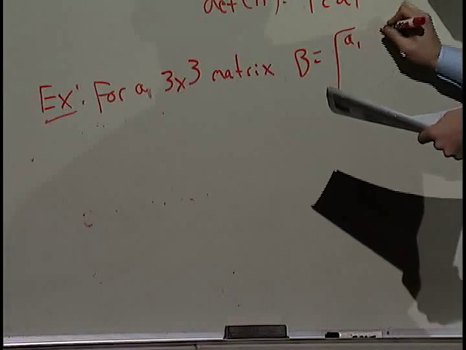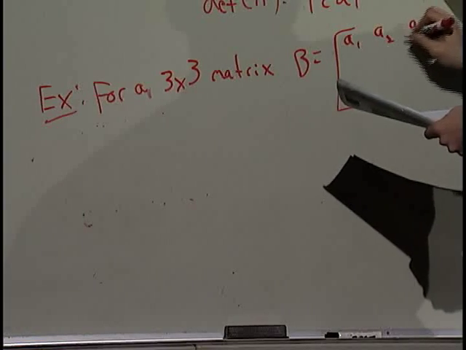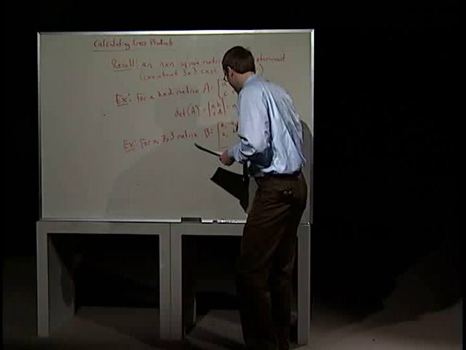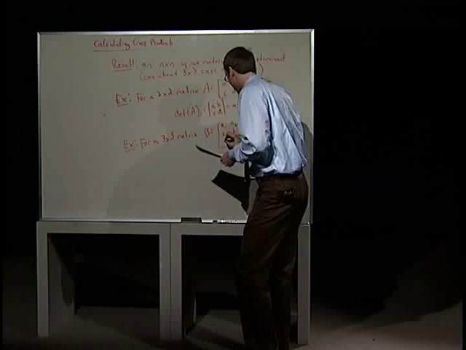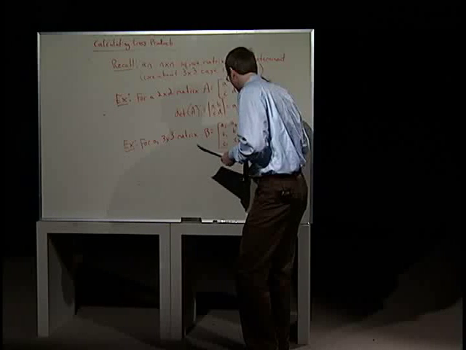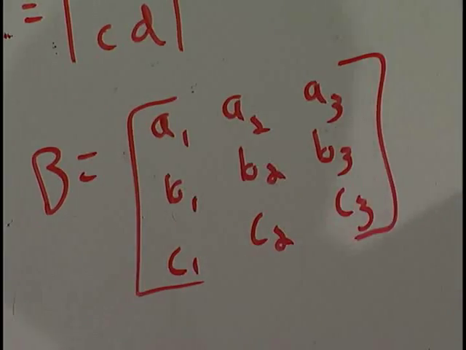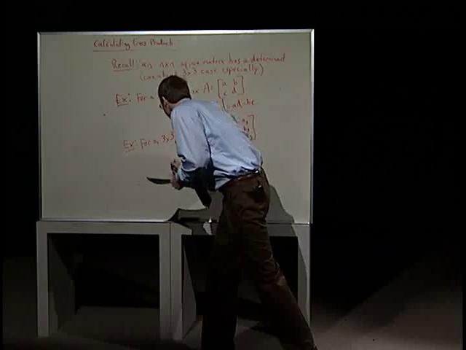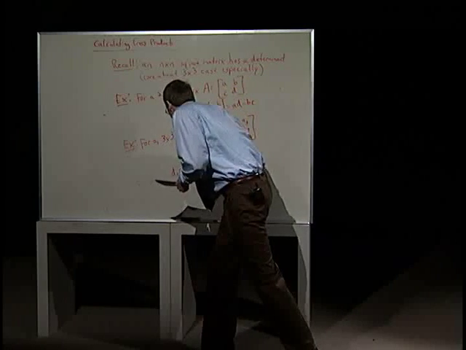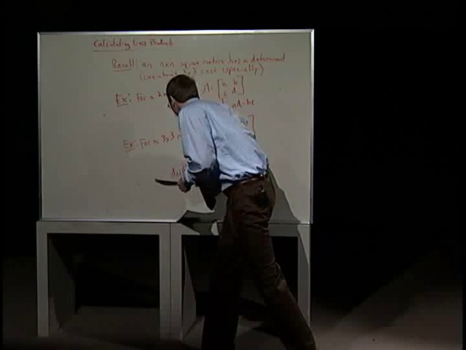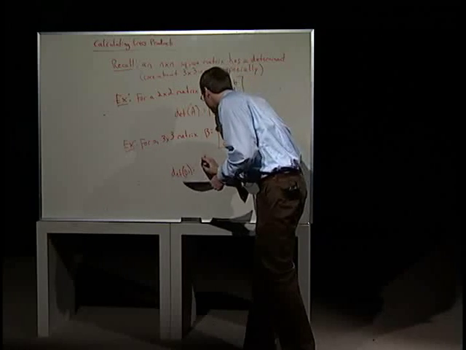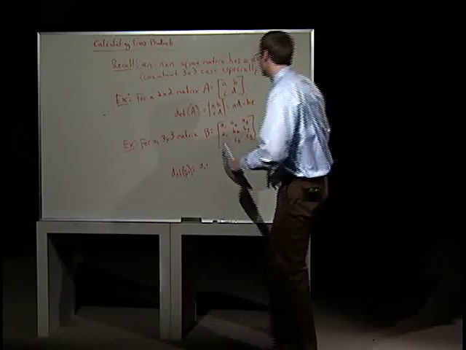So a1, a2, a3, b1, b2, b3, c1, c2, c3. So there's your matrix. All right, so what is the determinant of B here? Well, determinant B equals, and remember how it goes here.